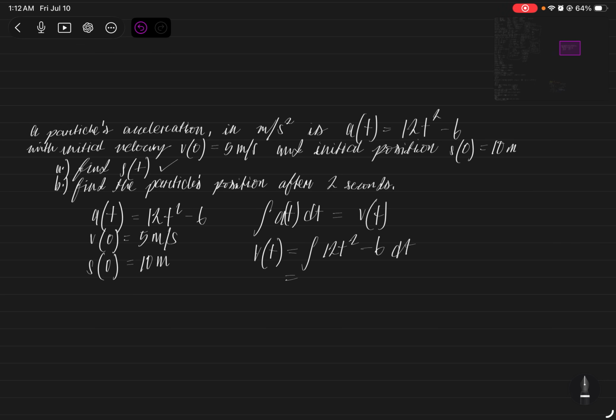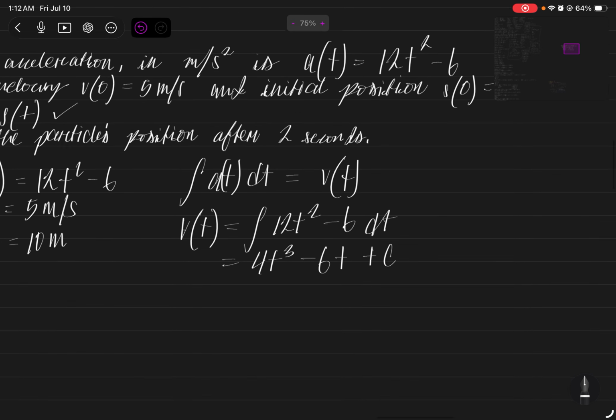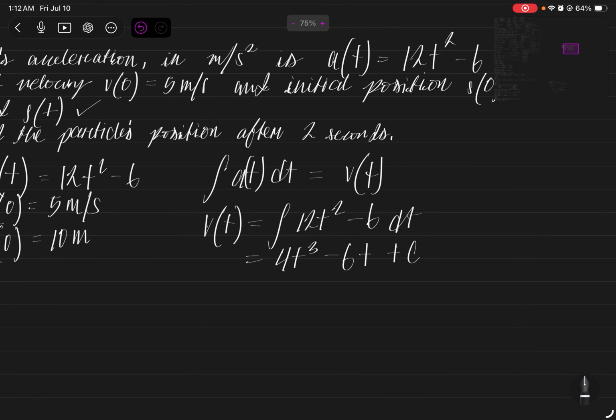To integrate it using the power rule, this is basically 4t cubed minus 6t plus c. Okay, why did we get that? 12t raised to 3 over 3. Simplify, 12 divided by 3 is 4, then 6 is a constant, so I just add the variable t.